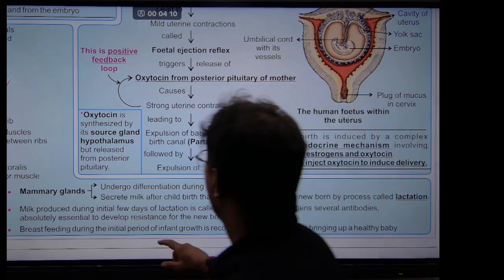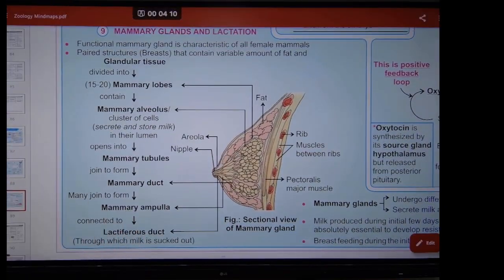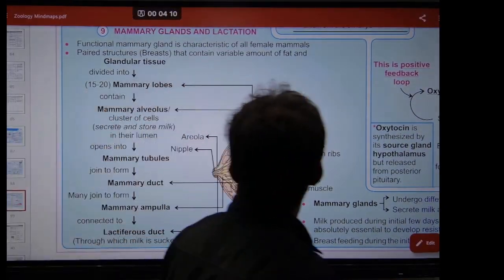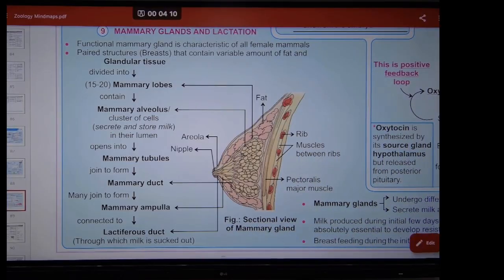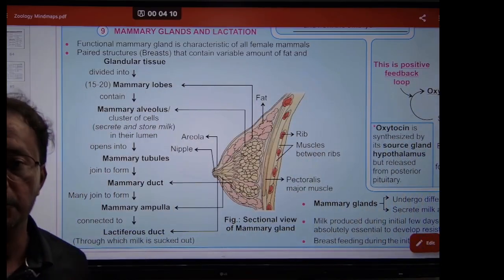So, this is about the mammary glands. Functional mammary glands is a characteristic feature of all the female mammals, and the paired structures called the breasts contain variable amount of fat as well as the glandular tissue.